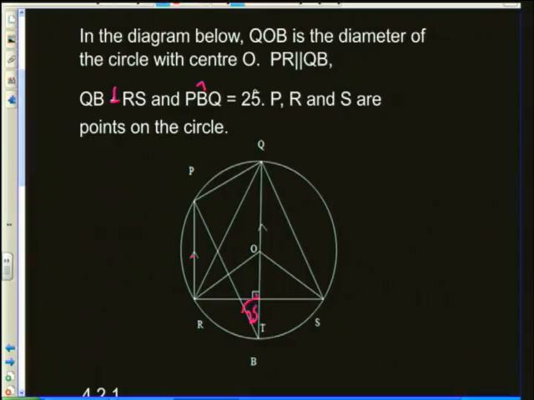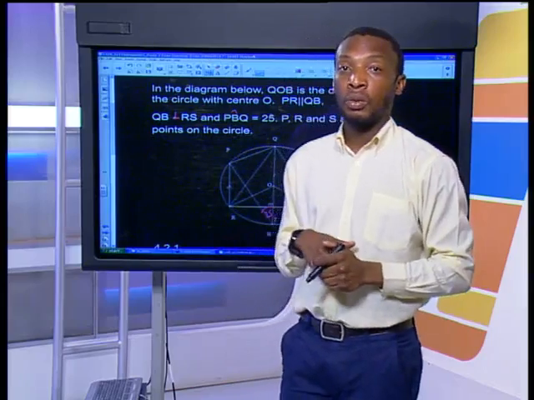P, R, and S are points on the circle. So I'd like you to take that question down and try and work through it in the ad break, and then afterwards we'll tackle that one.